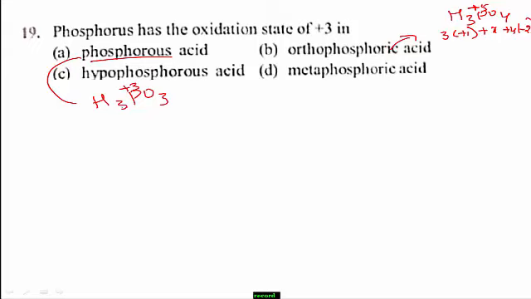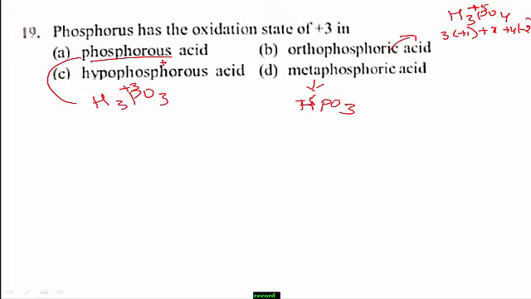In metaphosphoric acid, that is HPO3, phosphorus has the oxidation state of plus 5. Next, in pyro or hypophosphorus acid, the oxidation state of phosphorus is plus 5.